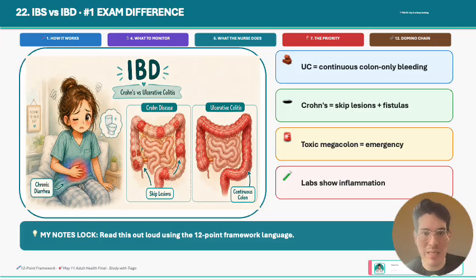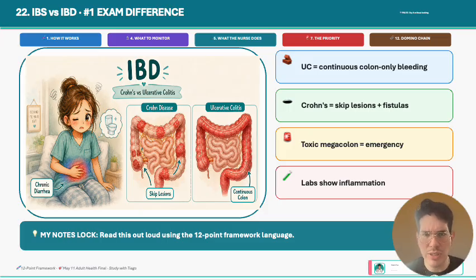Endoscopy or biopsy can show damage. So for example, the exam difference is simple but important. IBS is symptoms without visible inflammatory damage. IBD is inflammation with objective evidence and complications.